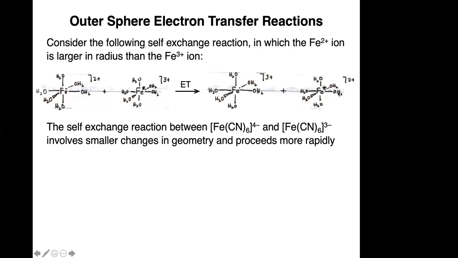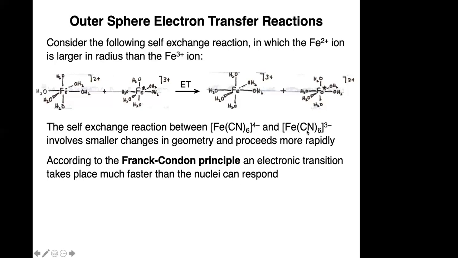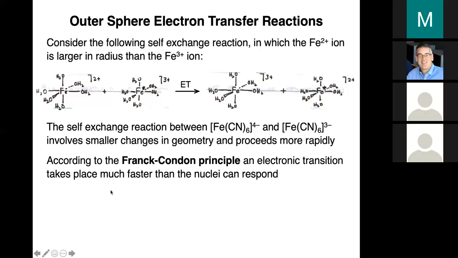The iron 2+ wants to have longer bond distances. It would then relax to the ground state and release energy. This is in accord, of course, with the Franck-Condon principle that electron transfer will take place much faster than the nuclei can respond. So that's why this iron 3+ is initially going to be in this excited state geometry, and the iron 2+ as well.